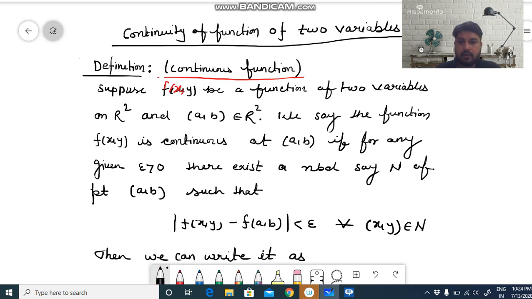on R square, and a point (a, b) belongs to R square.